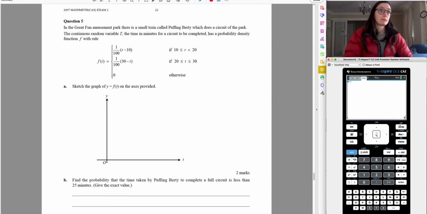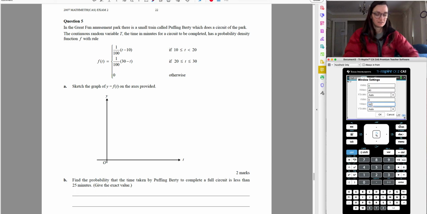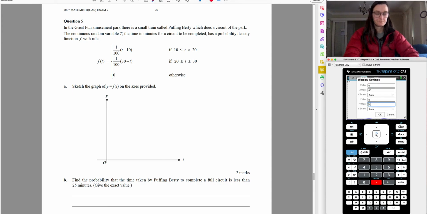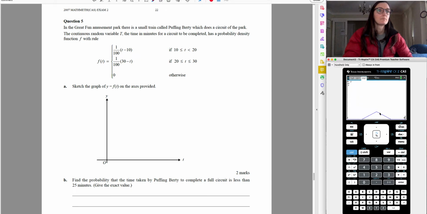Okay, 50 is probably a bit too big. Zoom settings, let's change that to 2. Let's change it again, settings to be half. Alrighty.